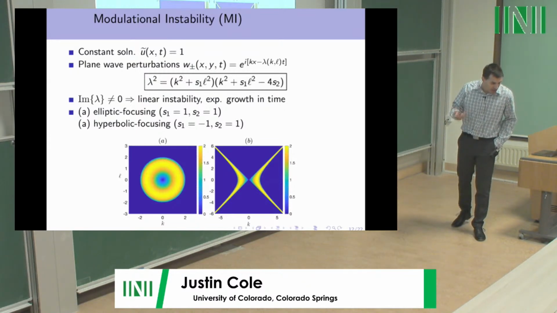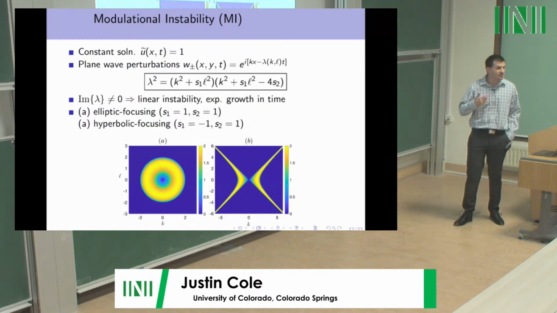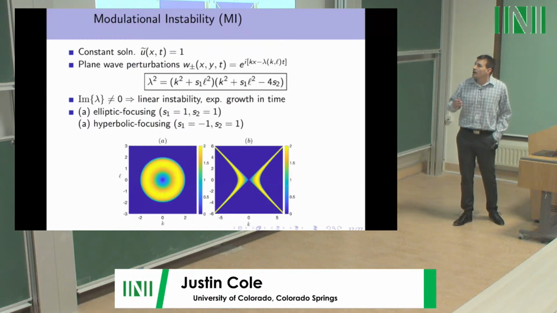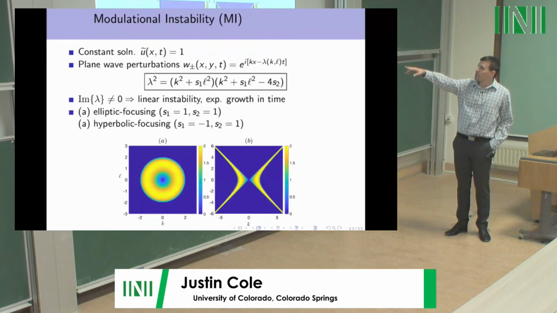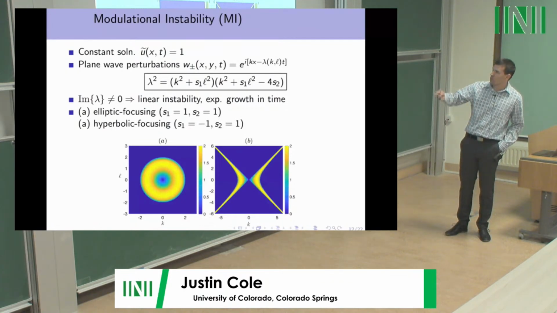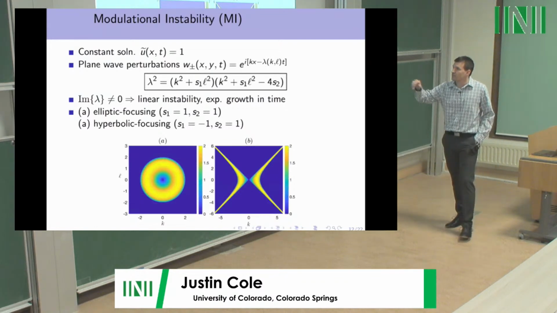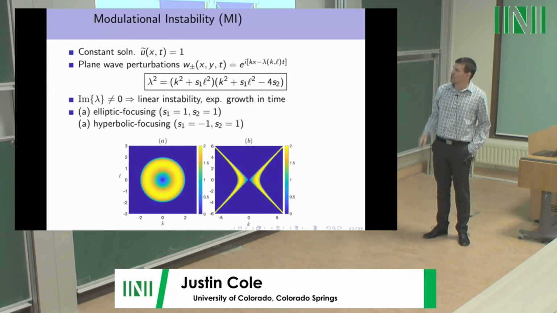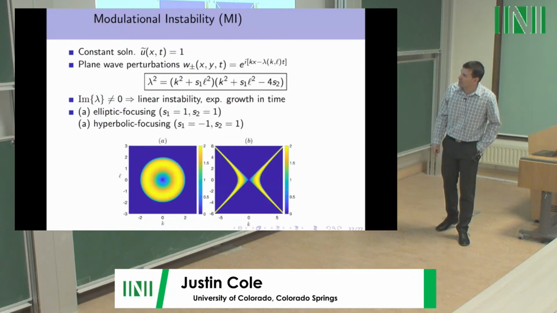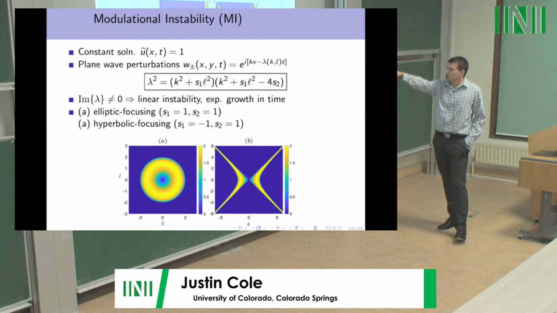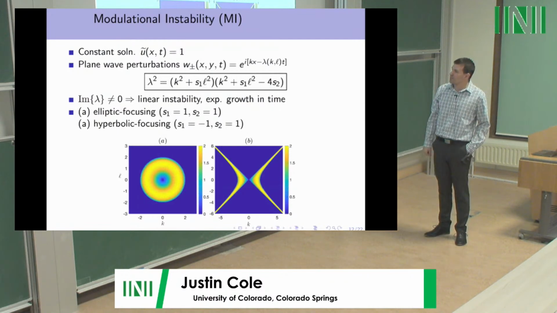We expect, even in the fully nonlinear problem, to see the effects of this. So what I'm showing you here on the bottom now is the magnitude of the imaginary part for two of the equations I mentioned to you earlier. On the left is the deep water strong surface tension case, the elliptic focusing NLS equation. What you see in the bright regions are regions of instability.